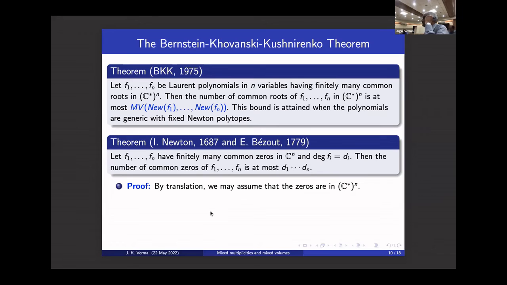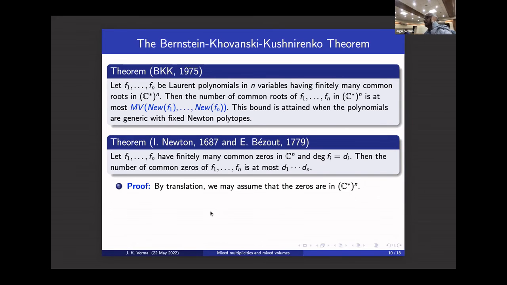Yes, that part is important. For generic ones, the bound is attained. But if you attach intersection multiplicity, which I'm not going into, it's a precise statement: the sum of intersection multiplicities is precisely the product of the degrees, no matter what the F_i are. The only condition is that they have finitely many common zeros.